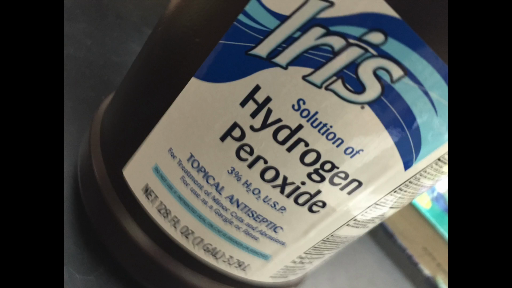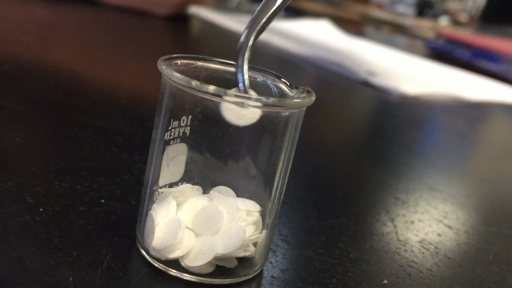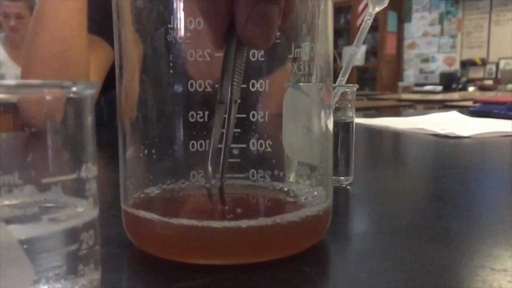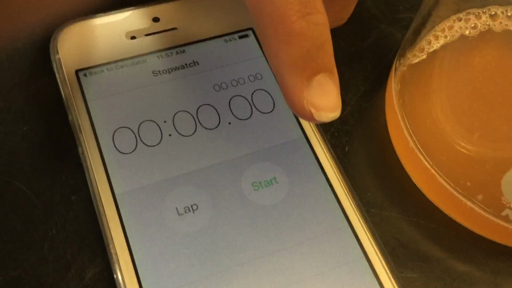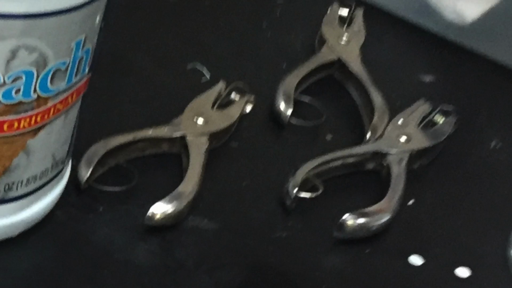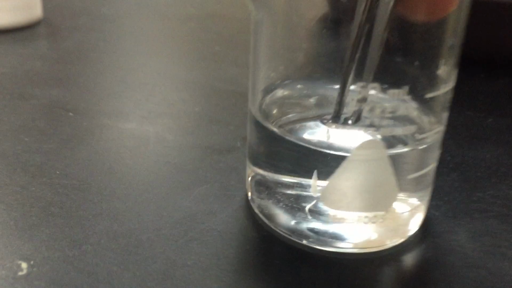Materials: hydrogen peroxide, paper chads, potato catalase, stopwatch, hole punchers, and tweezers and beakers. And bleach.